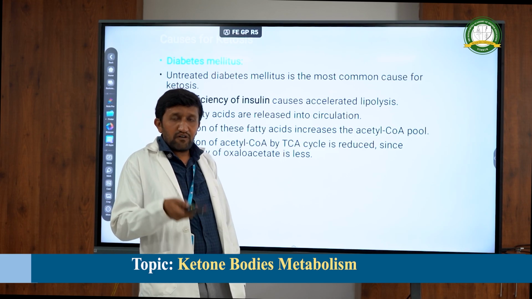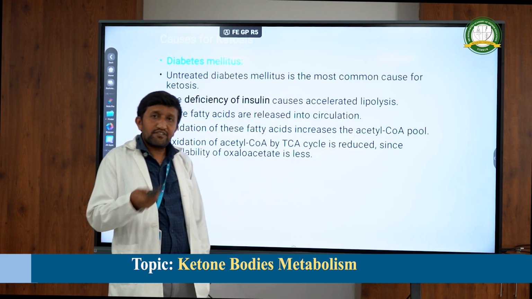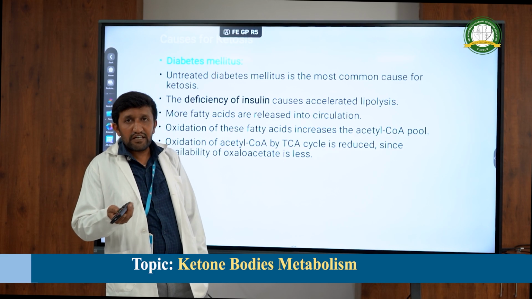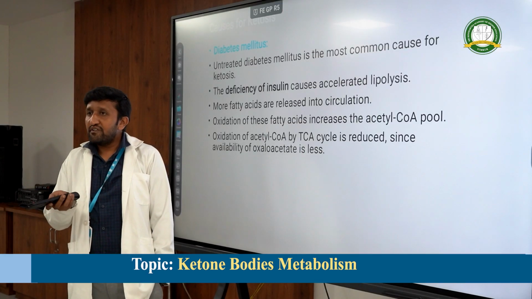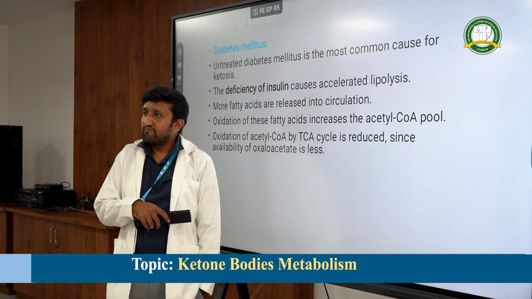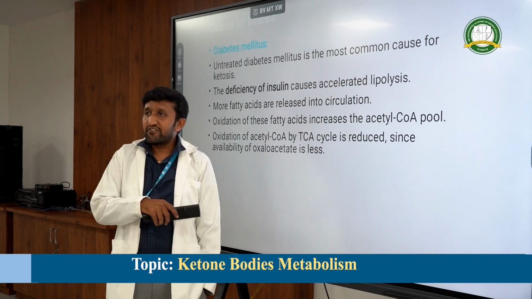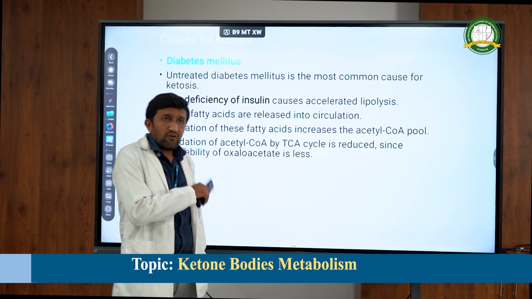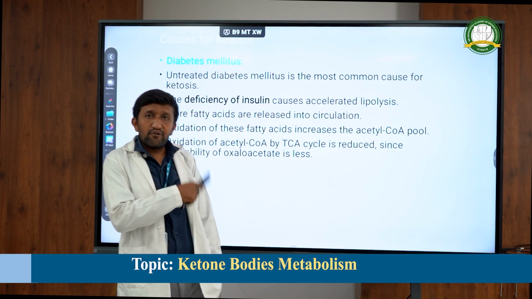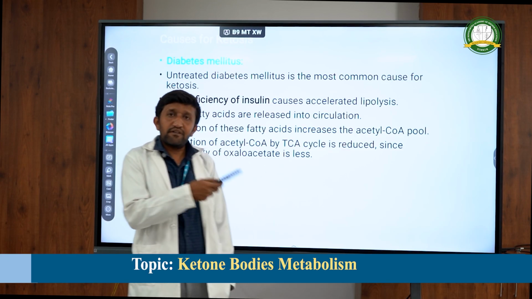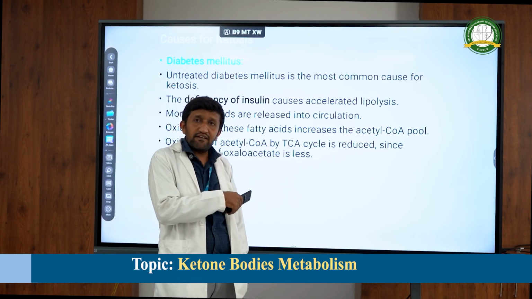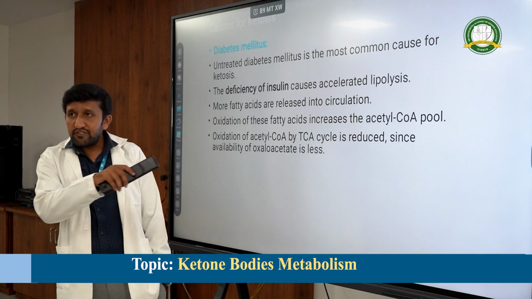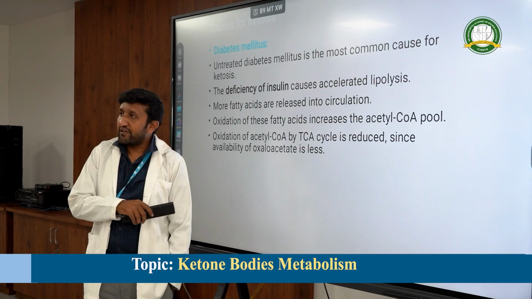Lipid undergoes oxidation, beta oxidation, to give acetyl-CoA. That acetyl-CoA should enter the TCA cycle, but in this condition it will not, because oxaloacetate is not available, since ATP blocks the TCA cycle in the presence of glucose in diabetes. So it will be channeled to the synthesis of ketone bodies.